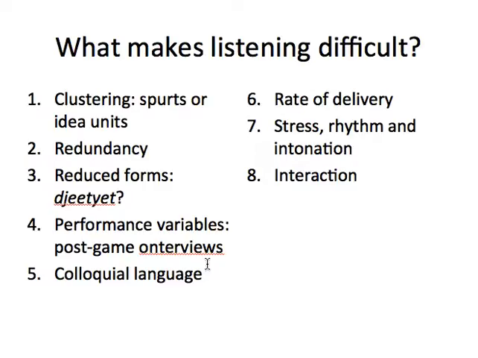So it's important to use authentic language, but be aware that there are particular rates of delivery which may be too fast, or particular extracts of listening which have too much variable rate of delivery. I think stress, rhythm, and intonation are the most important, as well as reduced forms.